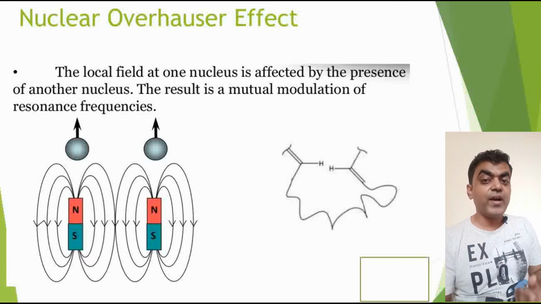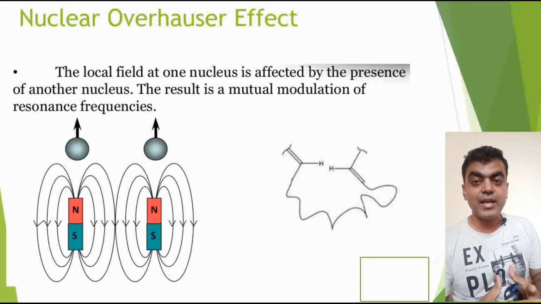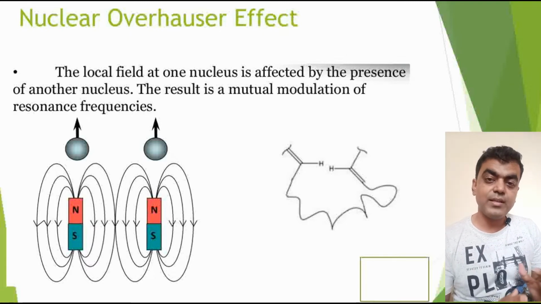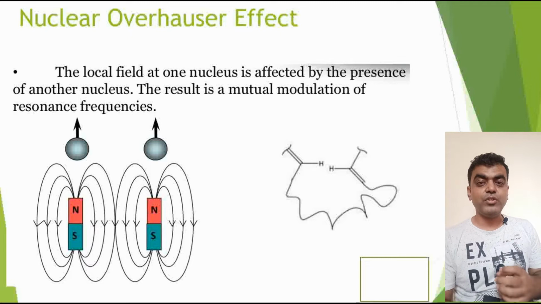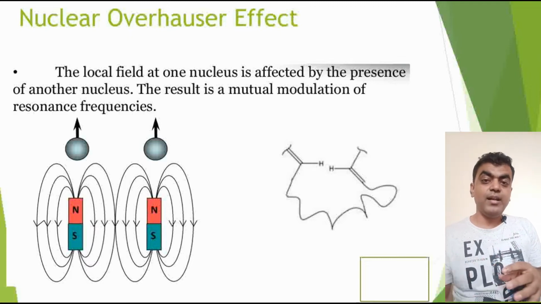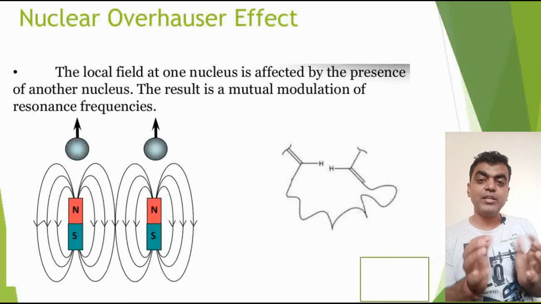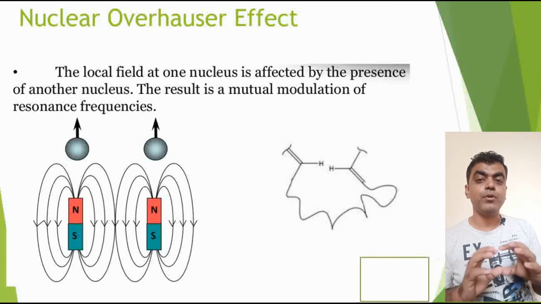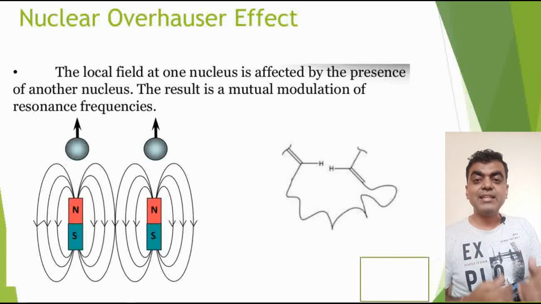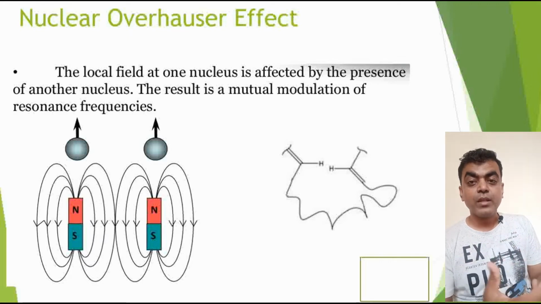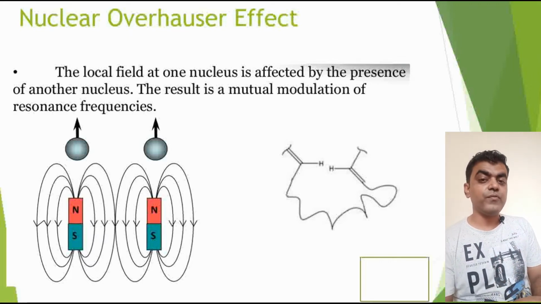To get information on this aspect, the Overhauser effect is a very useful experiment. You can get information, not through bond length but through spatial orientation, about which neighboring protons or nuclei are actually affecting the spin of my currently studied nucleus.